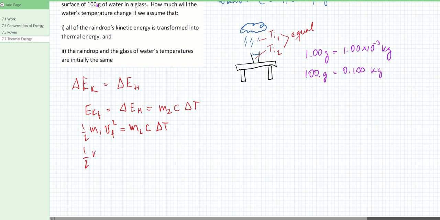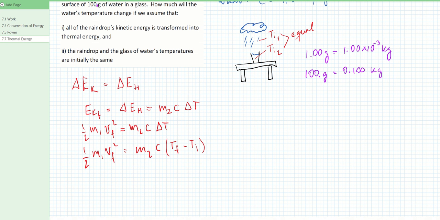So we have 1/2 m1 Vf squared equal to m2 c times (T final minus T initial).